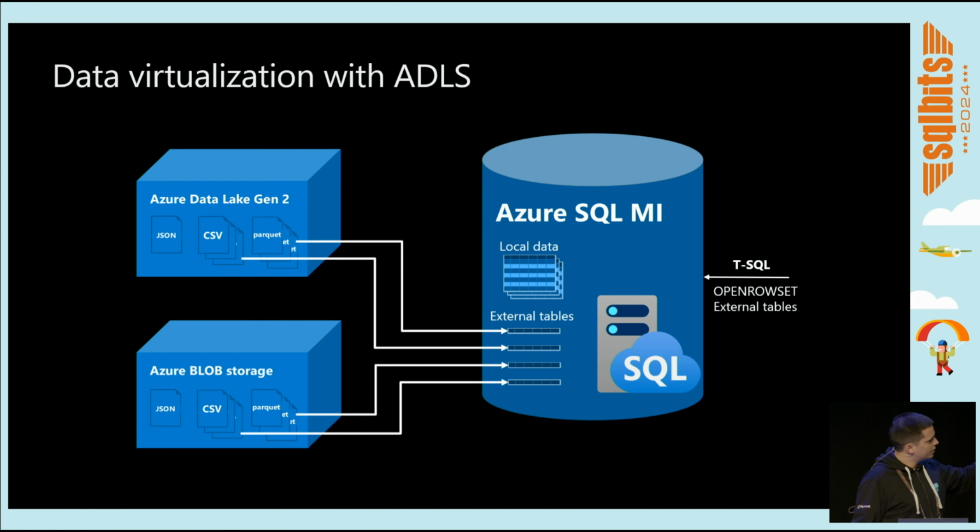On the right, or my left, or your right, we have an Azure SQL Managed Instance running SQL Server. You have some local data in your managed instance, and you can create external tables in there, capturing data from external sources.